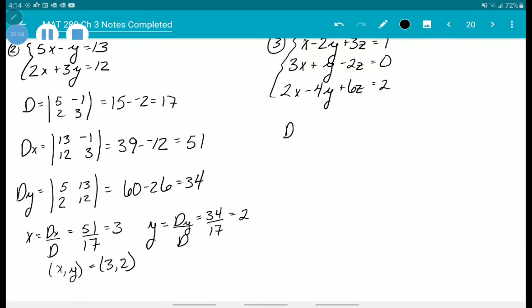So let's set our matrices up. D is equal to this matrix. And we want to find the determinant.